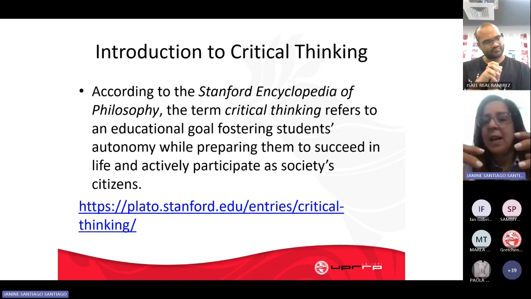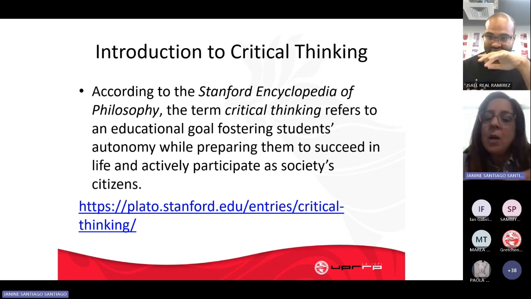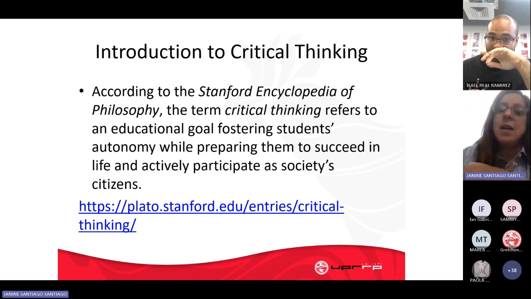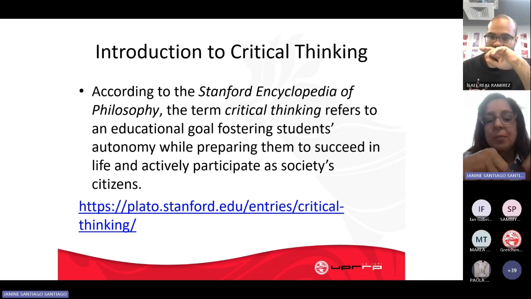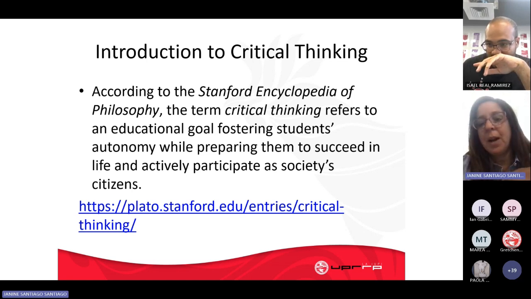We have talked in class about the importance of voting, about knowing how to exercise our citizenship, and how general studies courses need to foster critical thinking skills that are going to help you develop your own autonomy in thinking. That is going to lead you to skills that prepare you for life, but also as active citizens of society.